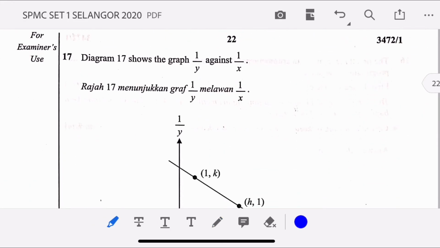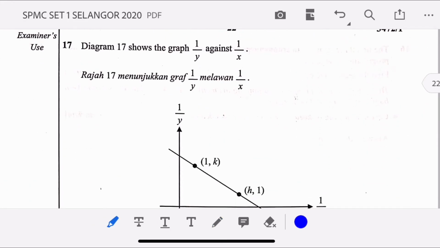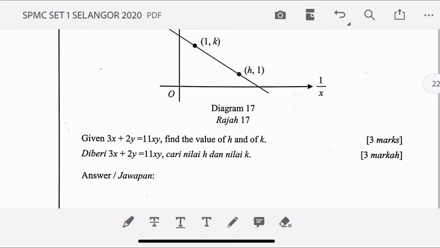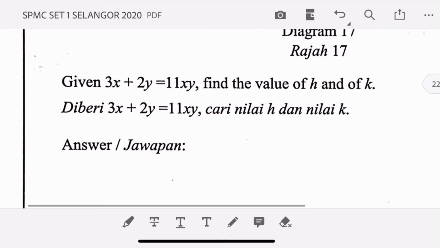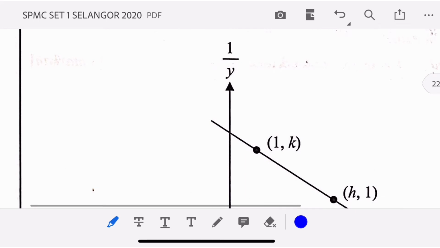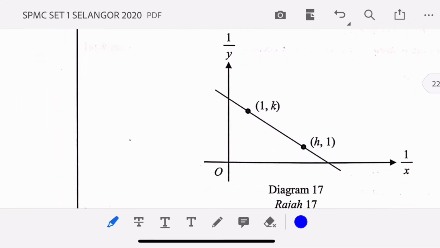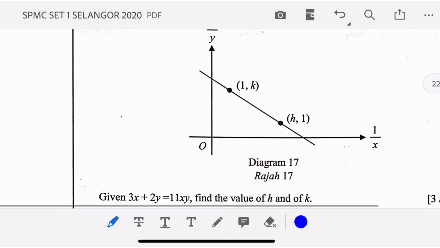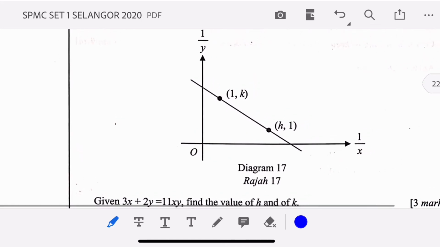Alright. Okay, let's see question number 17, 1 over y against 1 over x. So normally for this question they give you the equation, so we will work based on the equation and the graph. We'll apply the linear law.